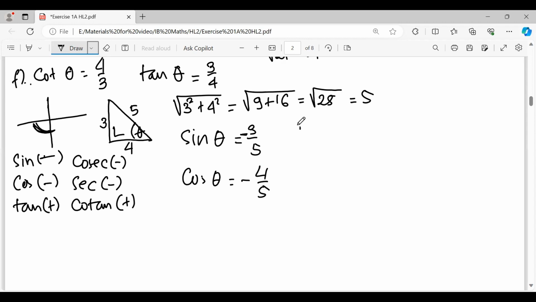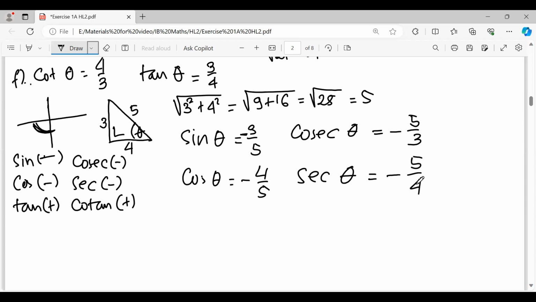Then cosecant theta, cosecant is negative, and the value is opposite of sine, 5/3. Secant theta, secant is negative, and the value opposite of cosine, 5/4.